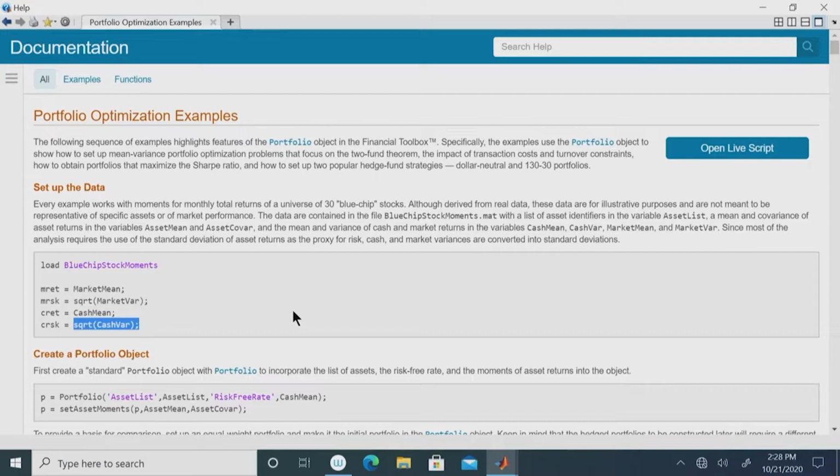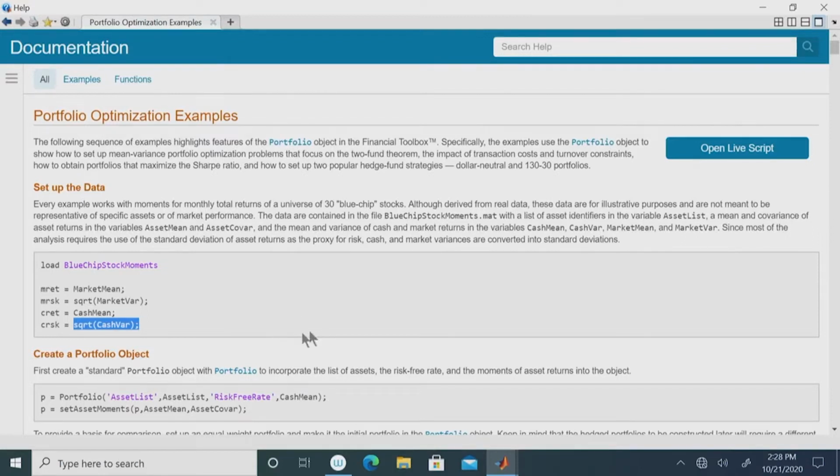Let me elaborate on this concept of cash mean and cash var, and market mean and market var. Here the cash term indicates the cash component and is used as a proxy for cash. You can view this as a risk free investment, and the market mean and market variance are akin to equities or a portfolio of equities, particularly the market portfolio.